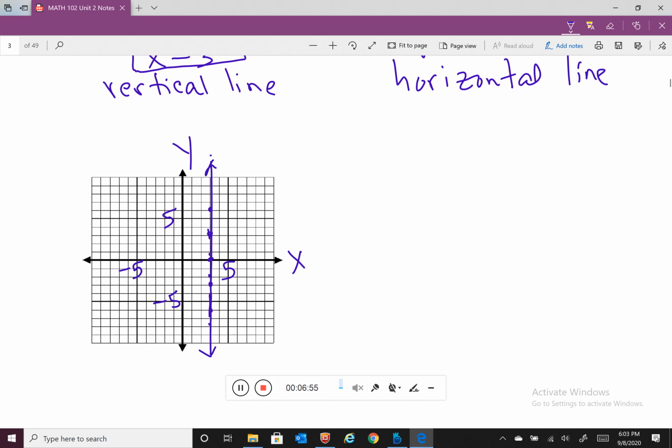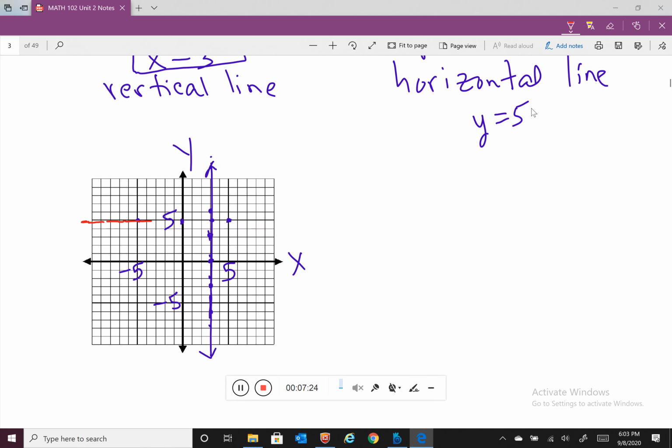And then our horizontal line, remember, is y equals 5. And so no matter what x is, y will always be 5, such as (0, 5), and (3, 5), and (5, 5), and (-5, 5), etc. And I'm actually going to change my pen color. Okay, so we have a vertical line in purple.